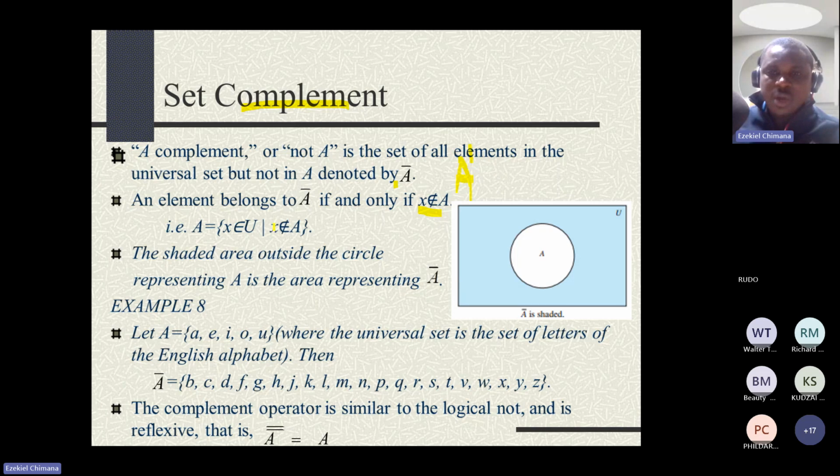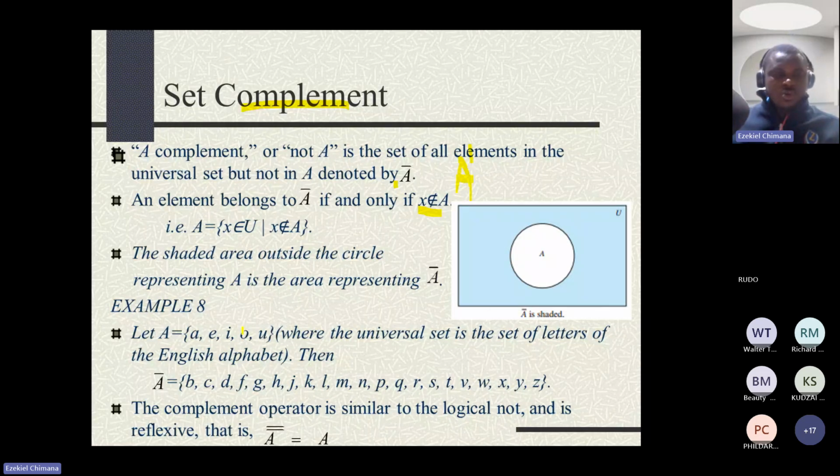So if you are talking about the set of all students at Zimbabwe Open University as the universal set, and then maybe A is the set of those students who are doing IT, which means A complement is all other students who are not doing IT. So we just shade outside what?